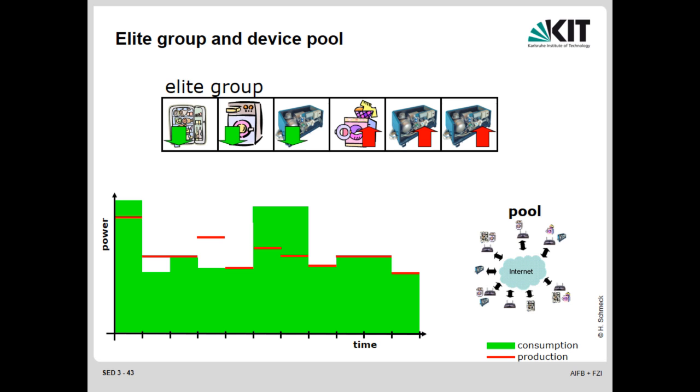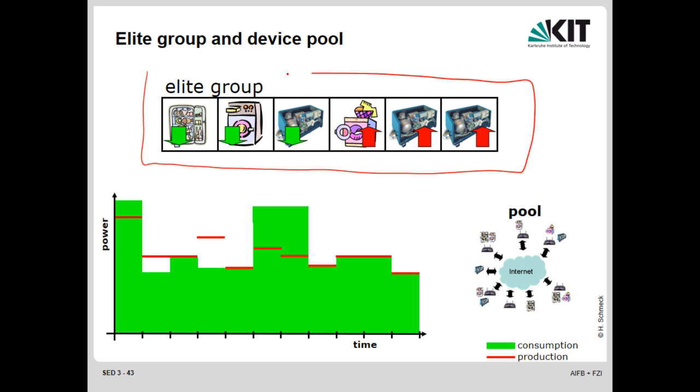So what is the idea of an elite group? You select the best performing elements, and the best performing means those elements which can respond the most, either positively or negatively: increasing the demand or decreasing the demand, or increasing the power generation or decreasing the power generation.